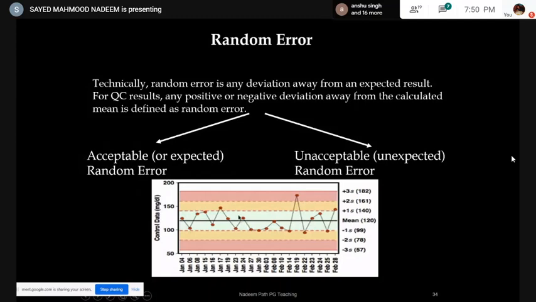Once it crosses the plus 1 SD boundary, like here or here, these are unacceptable random errors. It is these unacceptable random errors which we are concerned with.